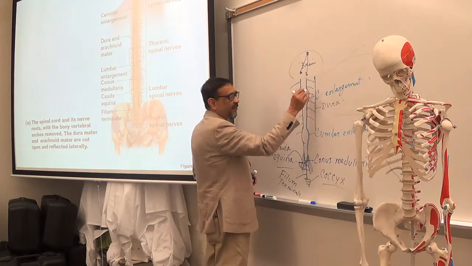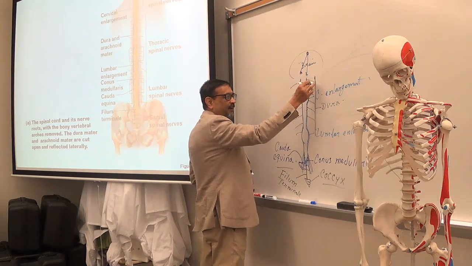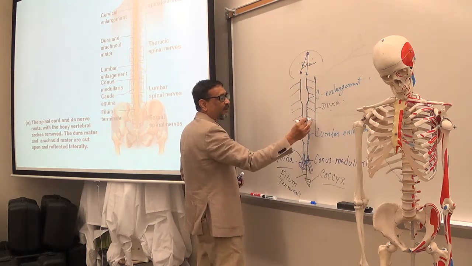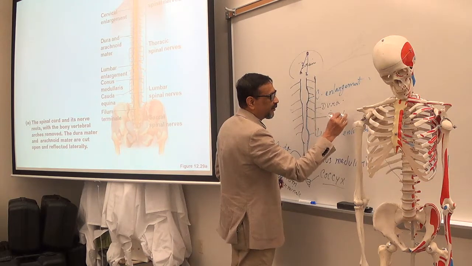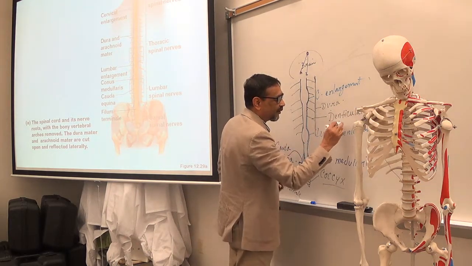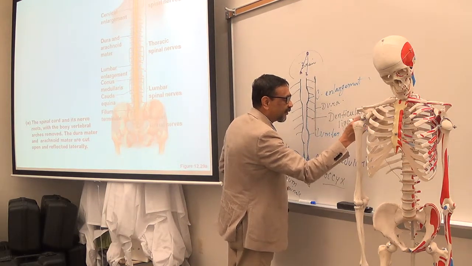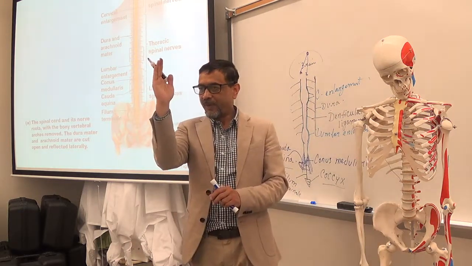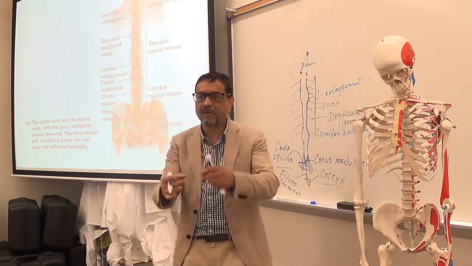So these ligaments arise from the pia mater, and the other end is attached to the dura mater. And these are called denticulate ligaments. Okay? Just to keep the spinal cord in the right location inside the vertebral column.